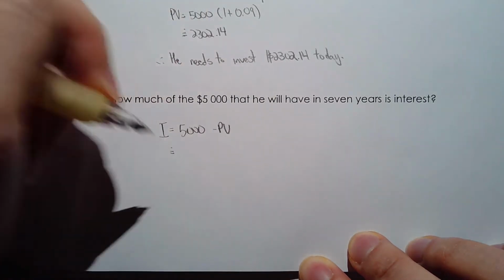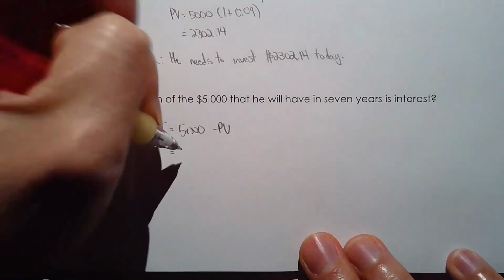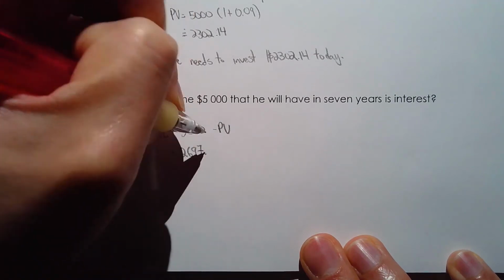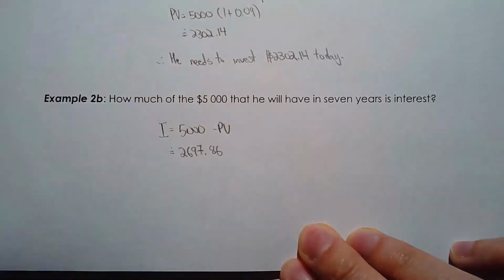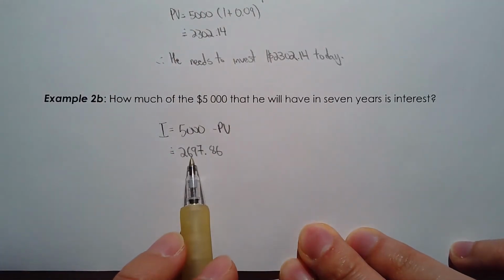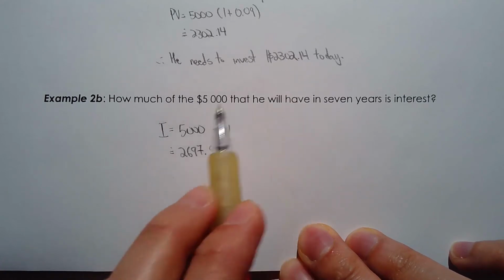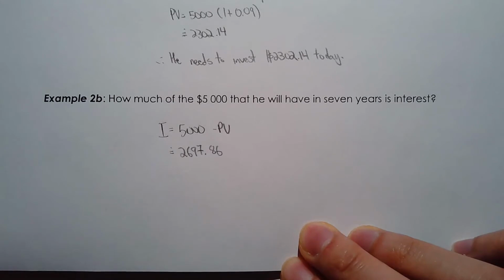So we're looking at about $2,697.86. In fact, if you compare the amounts, how much of the 5,000 was his money and how much of the 5,000 was the bank's money, more of it was the bank's money.